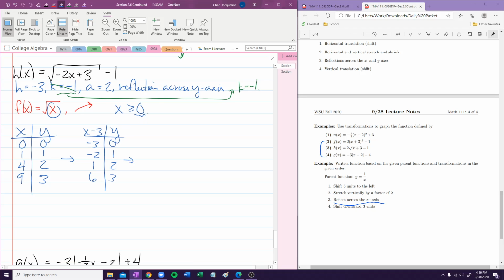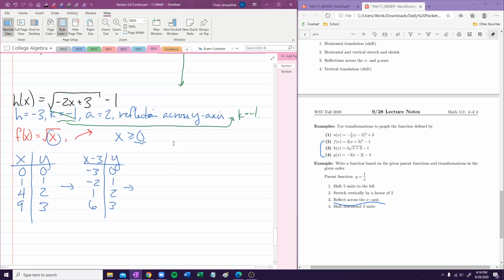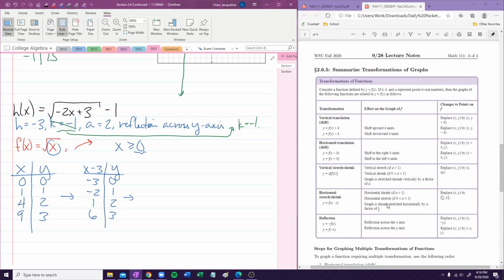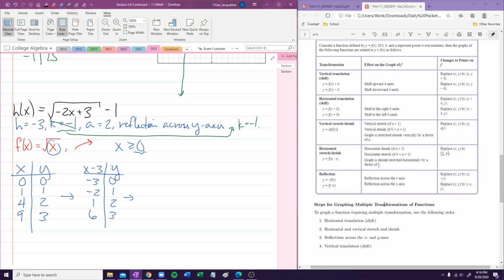Okay, now we're going to do the horizontal and vertical stretching or shrinking. So remember, A is 2. We can't just say A and automatically know if it's horizontal or vertical, because A is A. So what we're going to do is look. Remember, for the vertical, it's A times f of x. A horizontal is when it's f of A times x.